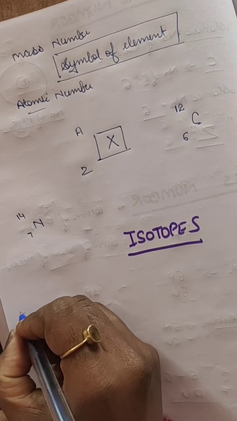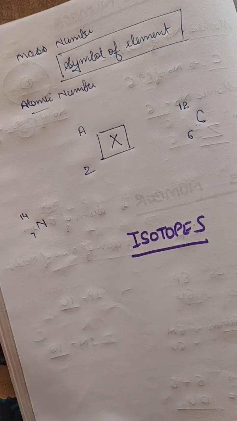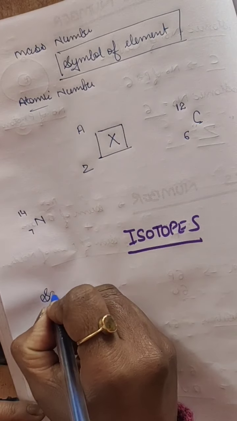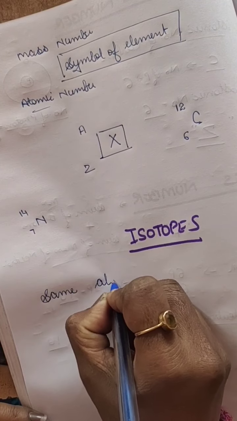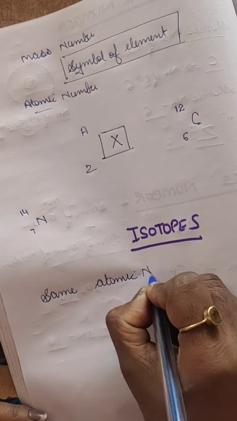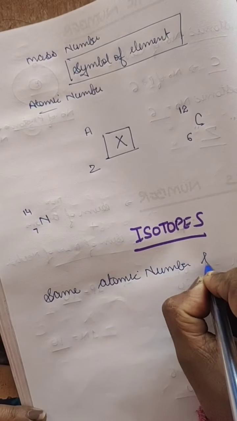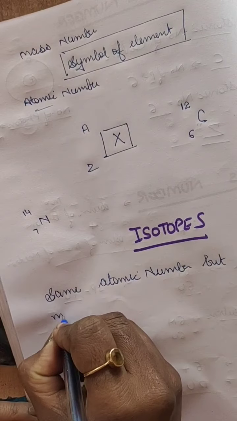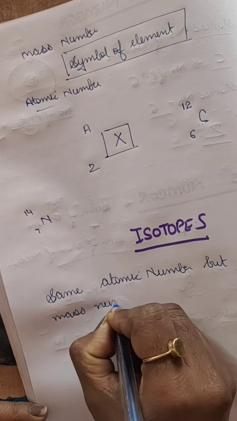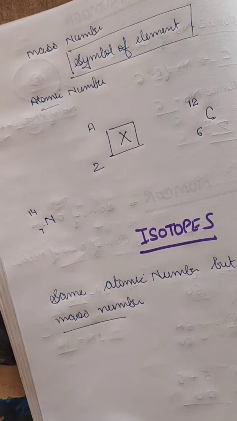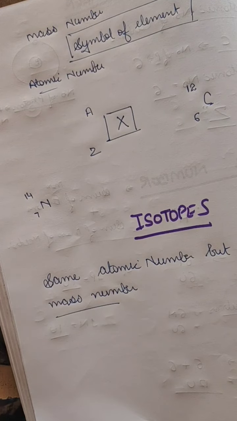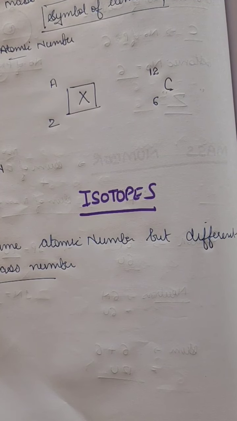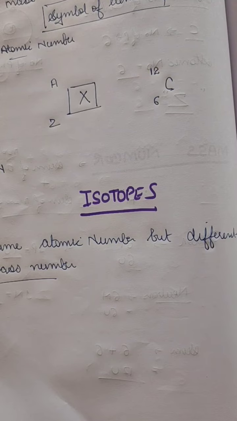That means isotopes are the atoms of the same element having the same atomic number but different mass numbers.